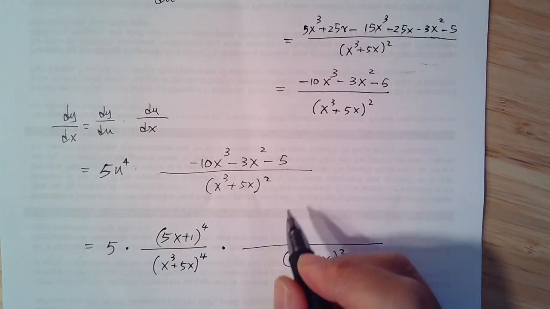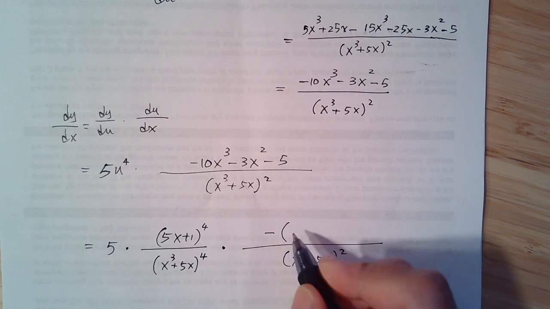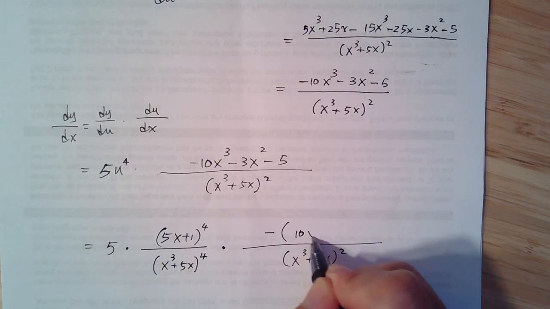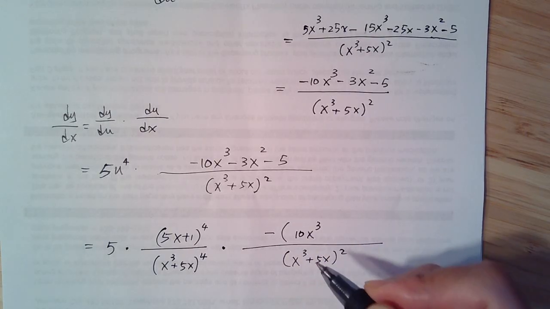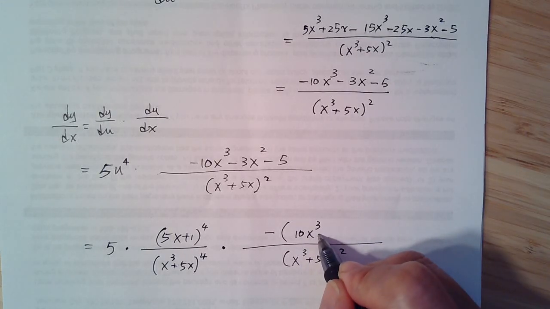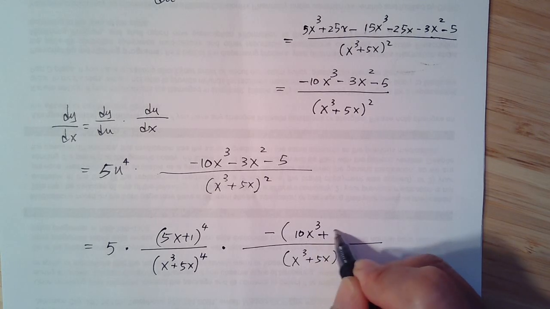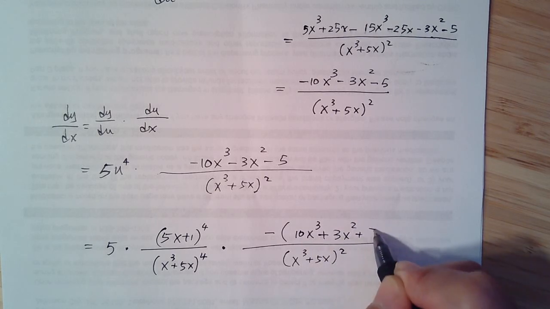And then I pull the negative out because I don't really like that. Positive 10x cubed plus 3x squared plus 5.